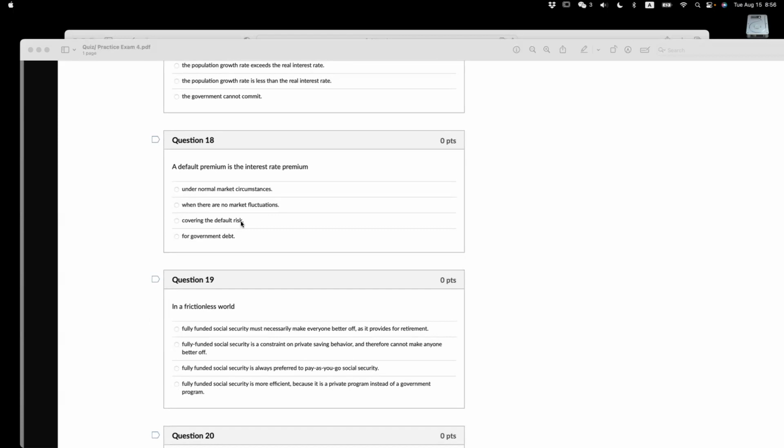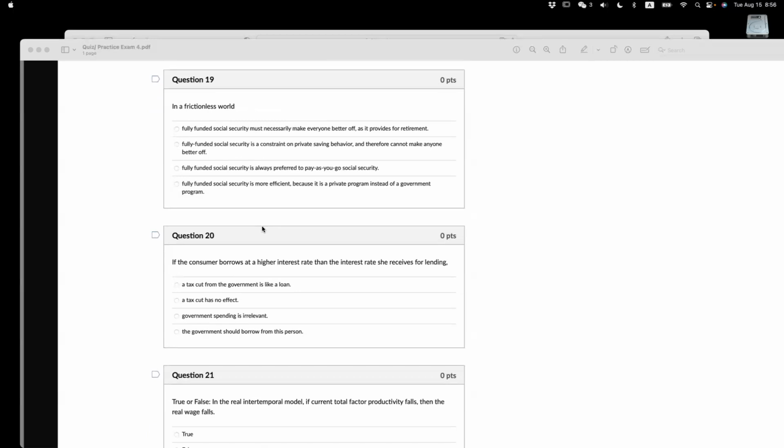And then the default premium is the interest rate premium on top of the risk-free interest rate. So this additional interest rate is used to cover the risk, or the probability that I or other borrowers may not pay off our debt, to make sure the bank or the lender breaks even. So the answer is covering the default risk.